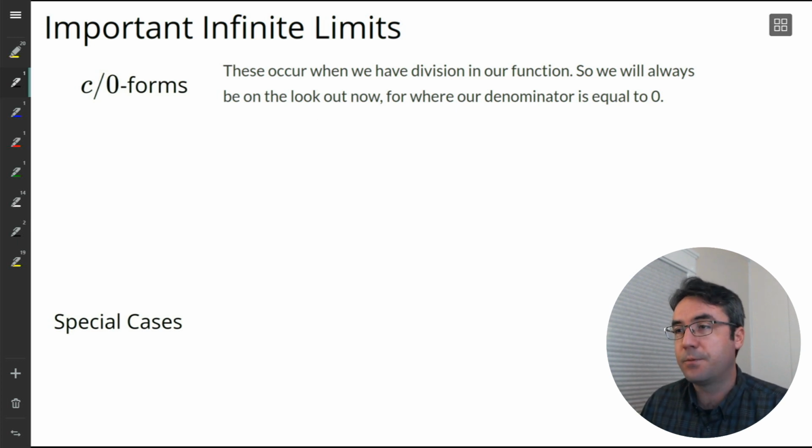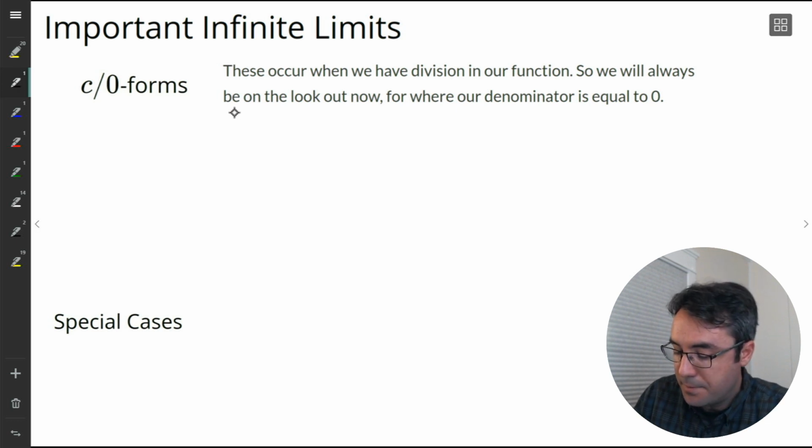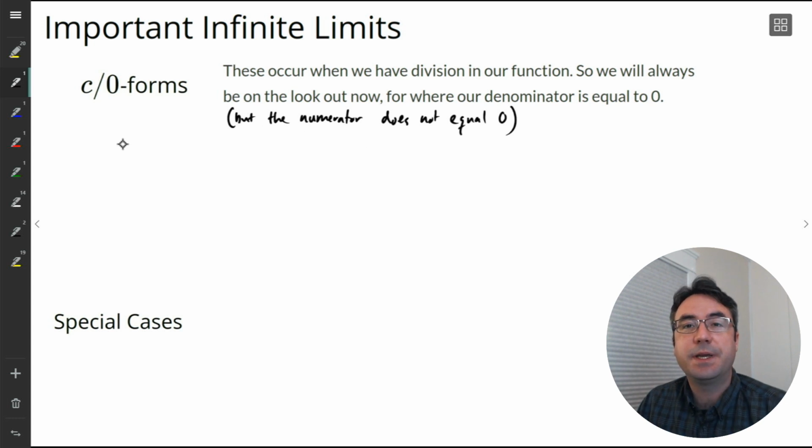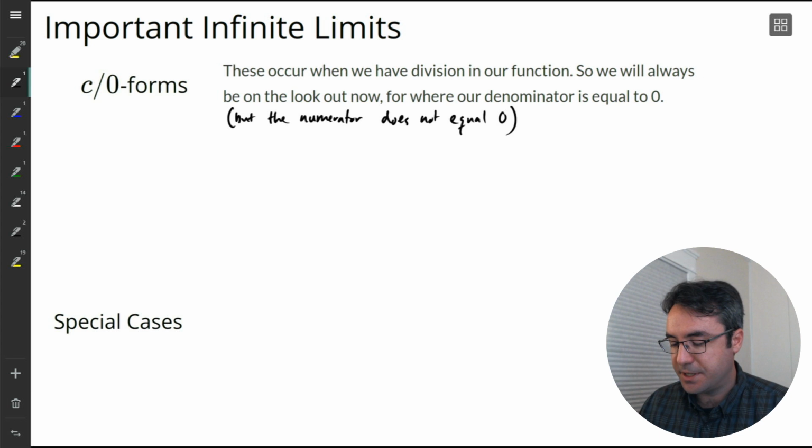This occurs where we have division in our function and our denominator is equal to 0, but the numerator does not equal 0. So that's an important distinction there. We get these c over 0 forms when the numerator does not equal 0, but the denominator does equal 0.